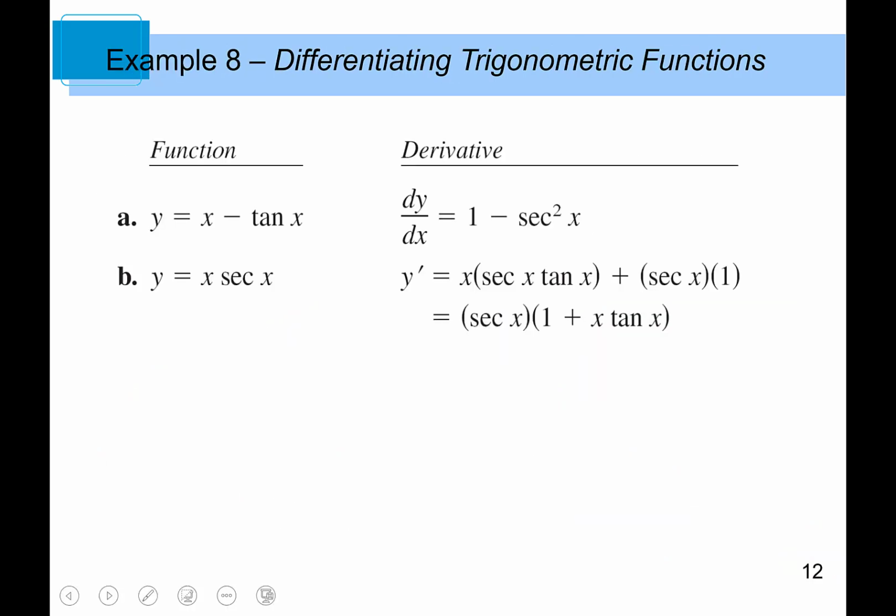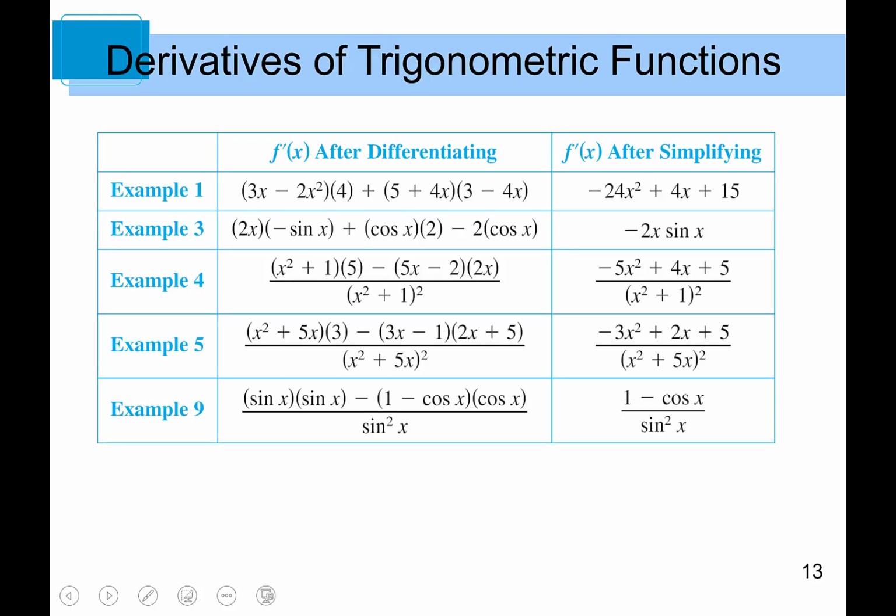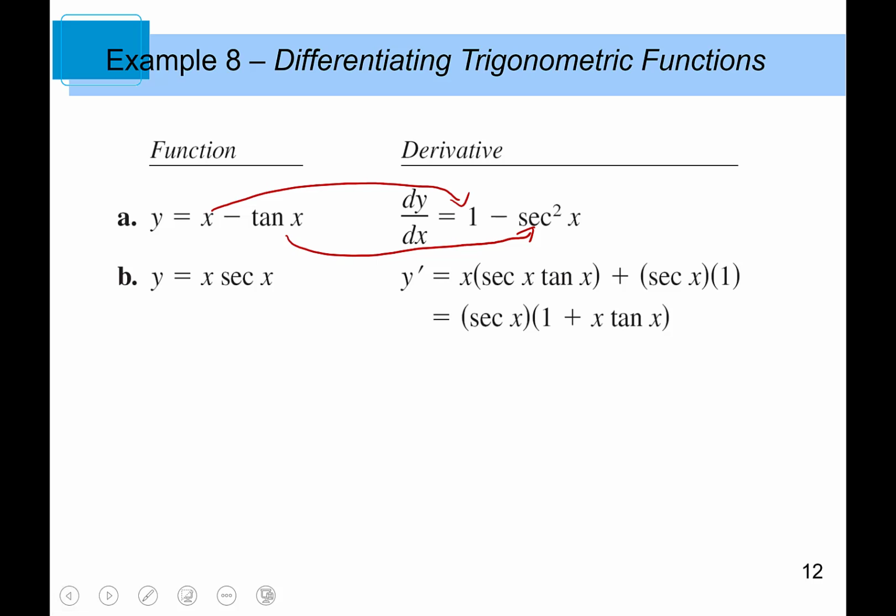So for A, we have y equals x minus tangent x. The derivative of x becomes 1, and the derivative of tangent x becomes secant x squared. So the derivative dy over dx equals 1 minus secant x squared.